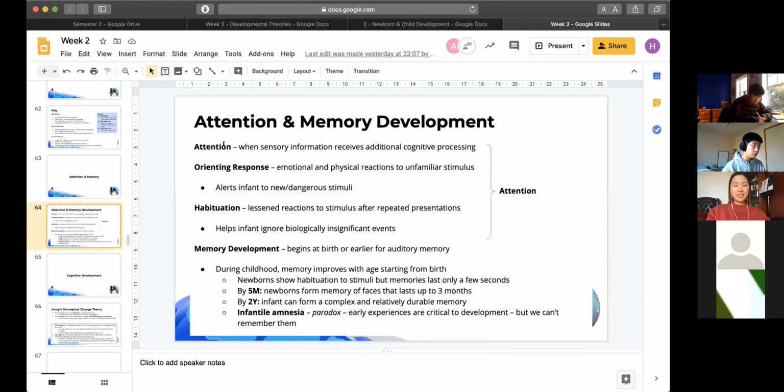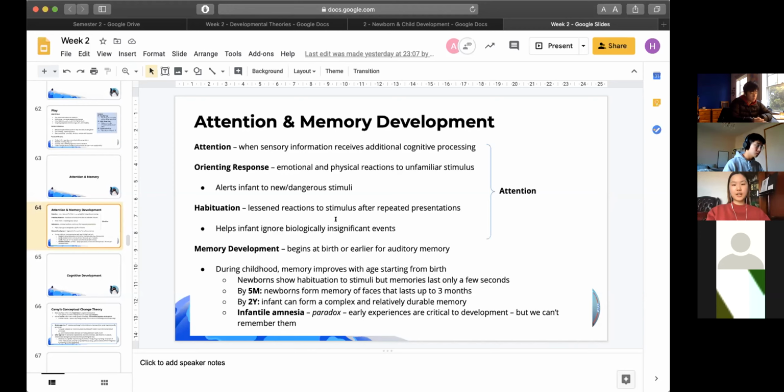But basically, you've got these different definitions. Attention is when sensory information receives additional cognitive processing, very fancy scientific definition. Orienting response is the emotional and physical reactions to something that is unfamiliar. So it alerts the infant or small baby or toddler to new dangerous stimuli: oh wow, danger up ahead.